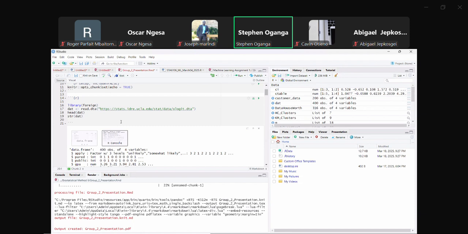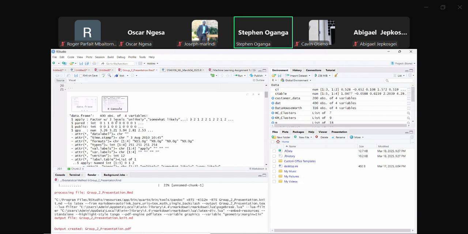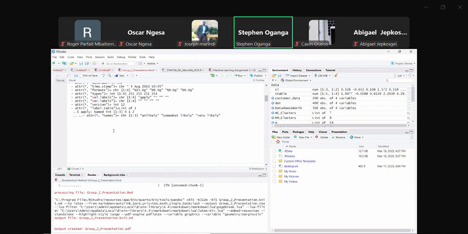And then the other factor was whether he went to a public school or a private school. And the last factor was the GPA, which was the student's grade point average. So we had 400 observations and 4 variables for this data.